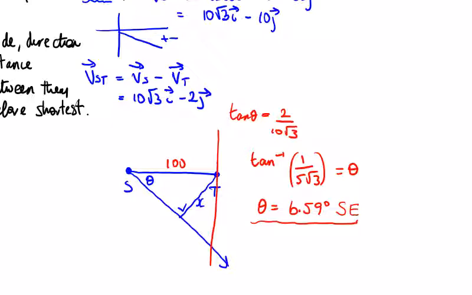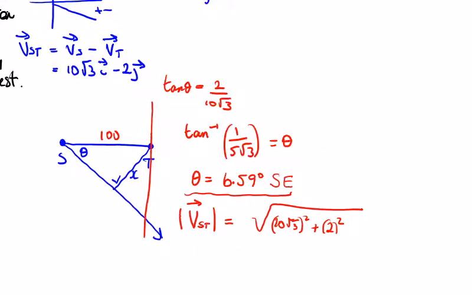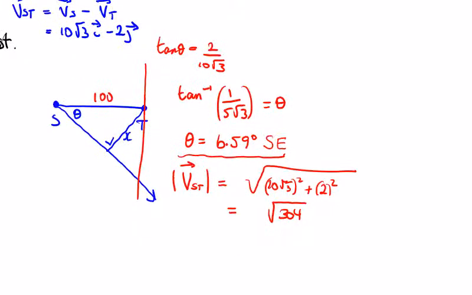The magnitude of the velocity of S relative to T is the square root of 10 root 3 squared plus 2 squared. That gives 300 plus 4, the square root of 304, which is 17.44 kilometers an hour.